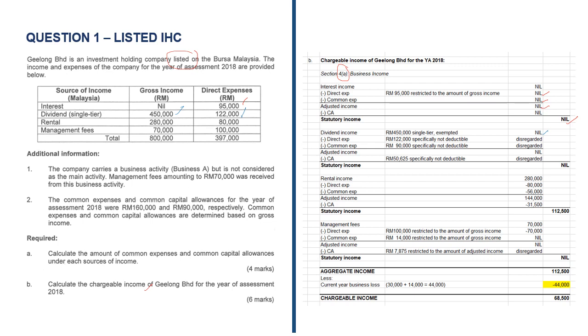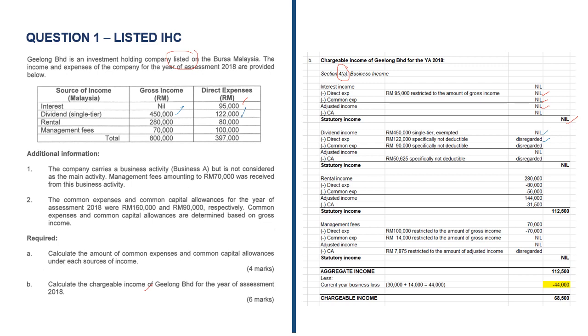You should be reminded, ataupun ada remind you dah dalam video yang before, any expenses specifically related to dividend is specifically not deductible. So kita akan disregard. Kita akan ignore these expenses.